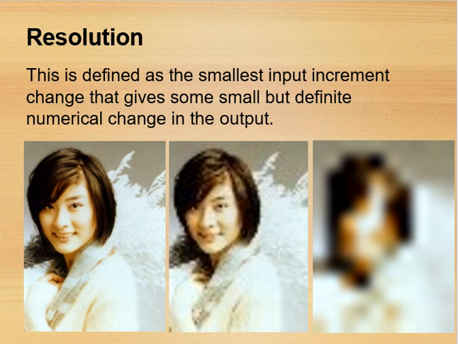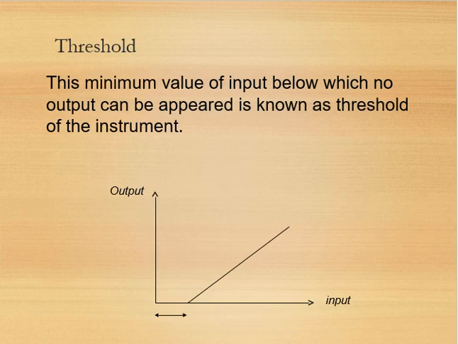Now if you see the threshold, this is a minimum value of the input below which no output can appear, which is called the threshold of the instrument. Here again I will read, this minimum value of the input below which no output can appear is known as the threshold value of the instrument.